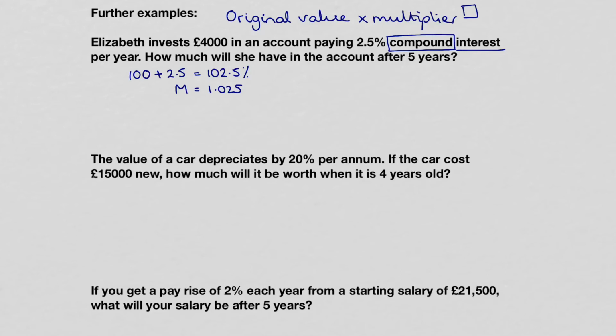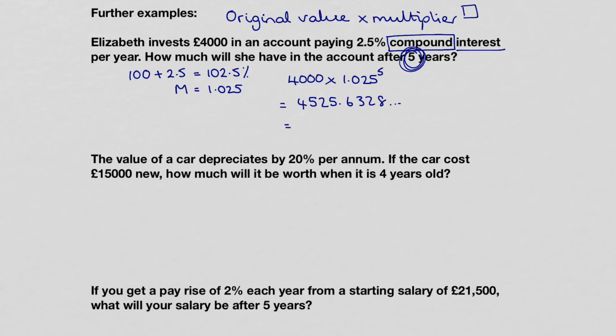Okay, so our formula for this one is going to be our original value, £4,000, times the multiplier, 1.025, and the number of times this percentage change is happening is 5, so our power is 5. That's all you need to work out on the calculator: 4,000 times 1.025 to the power 5, and that gives you 4525.6328 and other numbers.